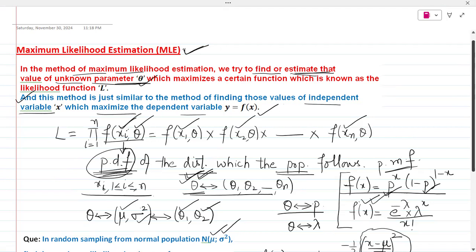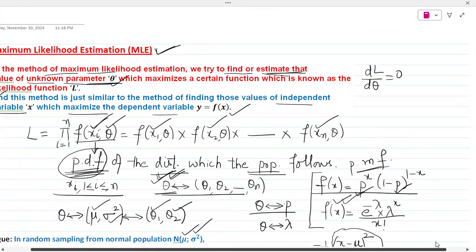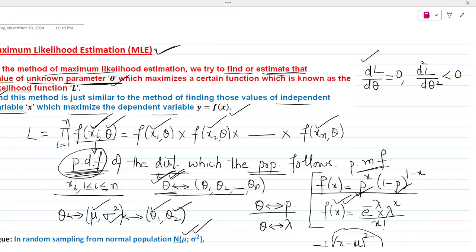Those equations will be dL by d theta equal to 0. This will be the first equation we require, and then d square L by d theta square should be negative.